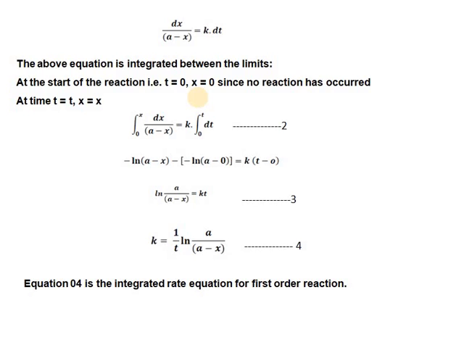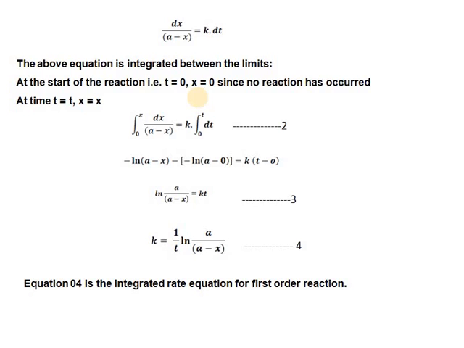Simplifying, we get minus ln (a minus x) minus, in brackets, minus ln (a minus 0), equal to k into (t minus 0).